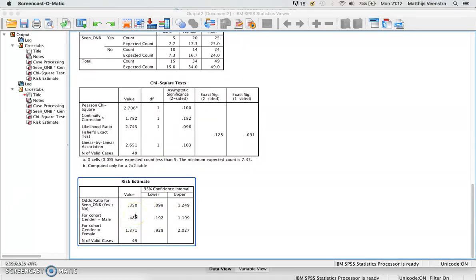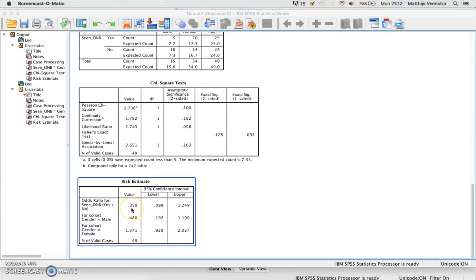Okay, another value of interest is the value here, which is basically this value divided by this value. So what this tells you here is how much more likely you are to watch Orange is the New Black if you're a male versus if you're a female.